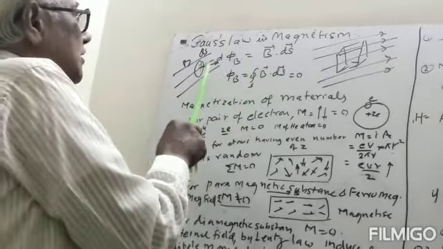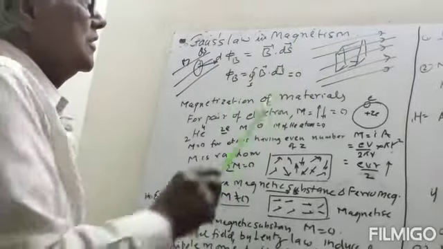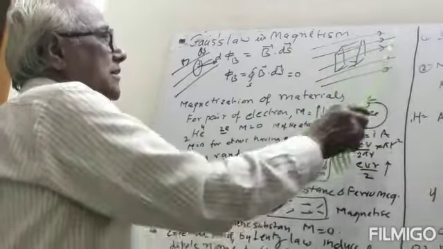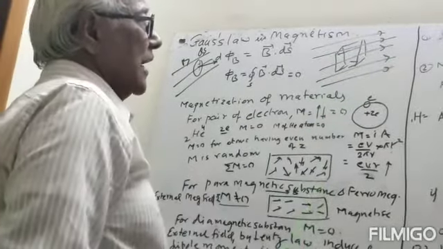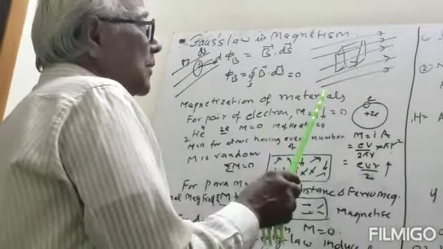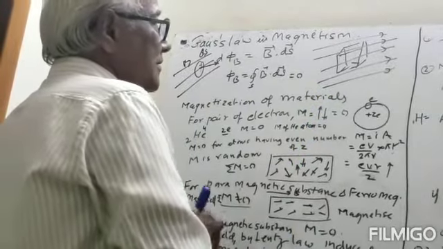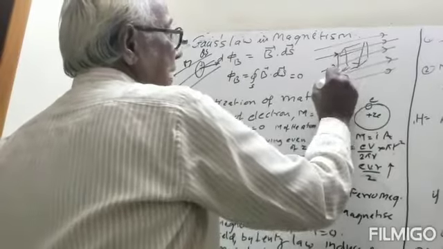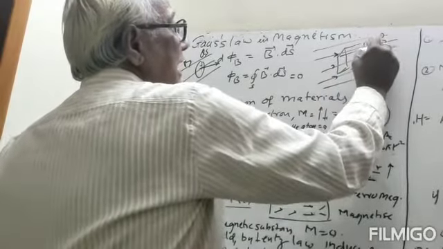Now suppose this is a body which is in the magnetic field, and these are the magnetic field lines. The number of magnetic field lines that enter this body will be the same as the number of field lines coming out.